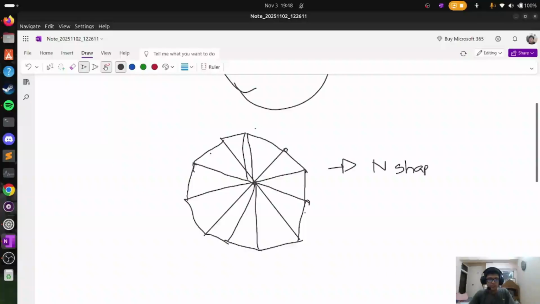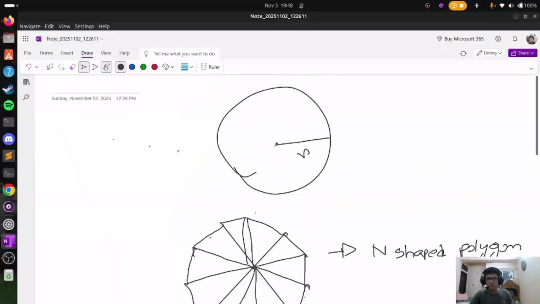Now before doing that, I want to do something first. Suppose now I'm drawing a square. This is a square, kind of tilted. Assume it is a square.